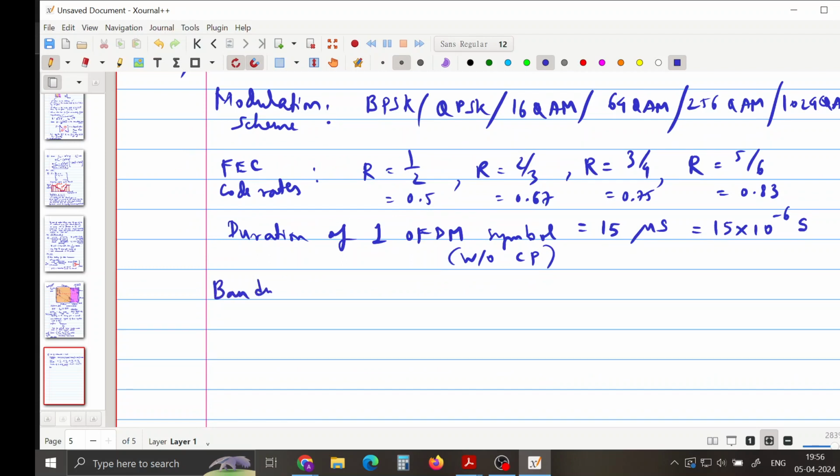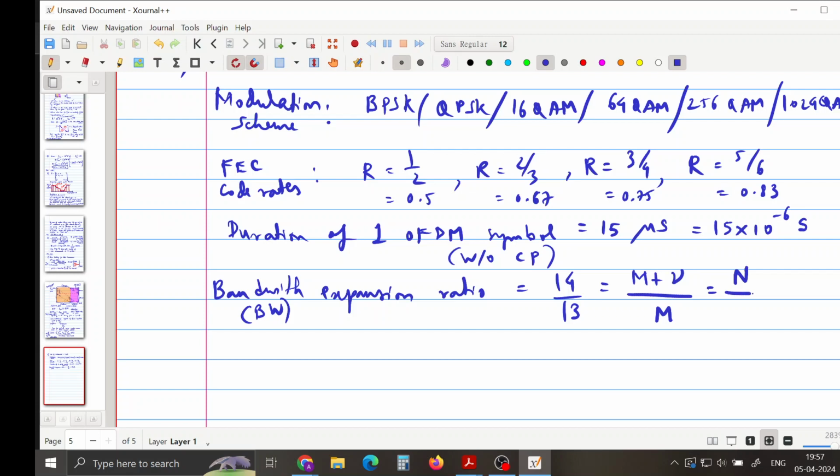Bandwidth expansion: the BW expansion ratio is basically the measure of the redundancy, right? That is equal to 14/13, given, and as per the notations we have encountered, it is the ratio of n and m. So m plus mu is n, and in the denominator we have m.